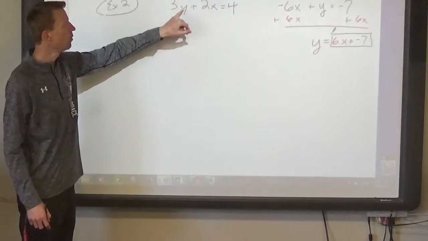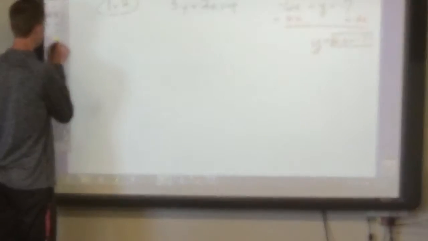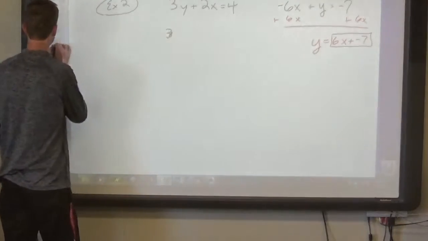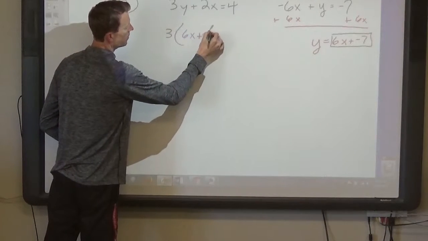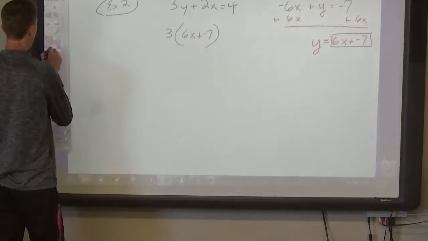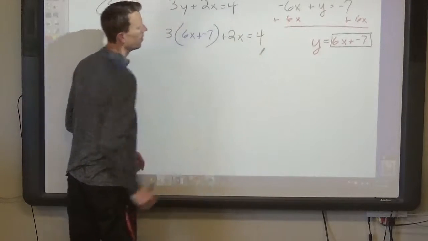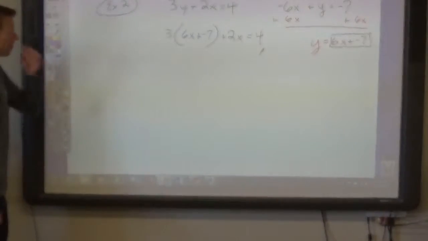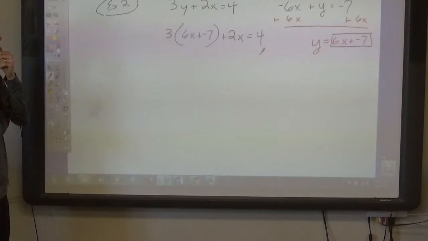What does this mean? 3y. 3 times y. Correct. So 3 times 6x plus negative 7 plus 2x equals 4. Does everyone see what we're doing?